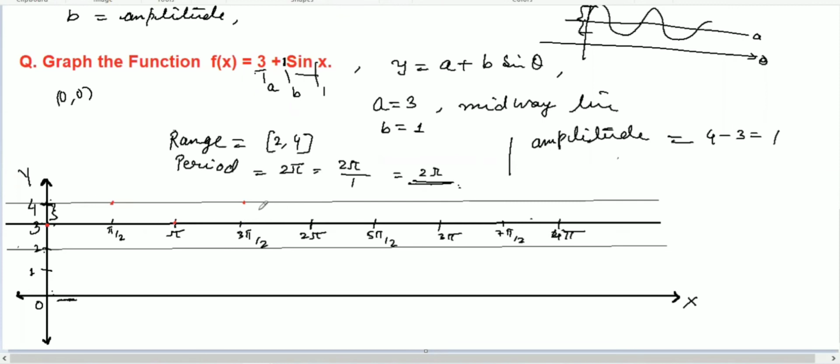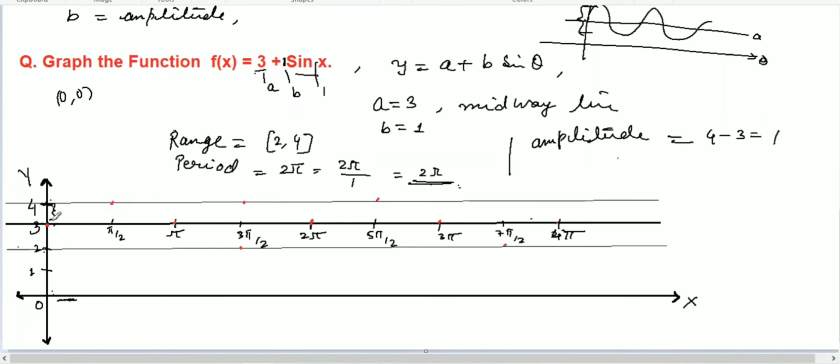Then 2 pi the graph will be here, 5 pi over 2, 3 pi will be here, 7 pi over 2 will be here, 4 pi here.